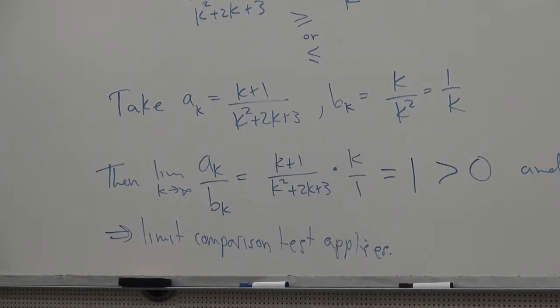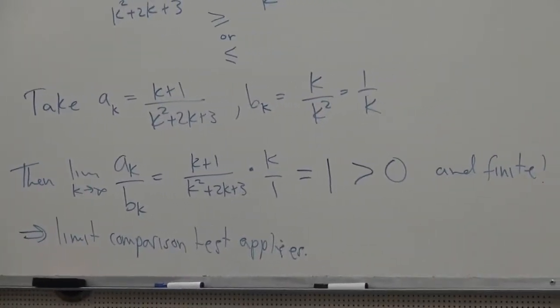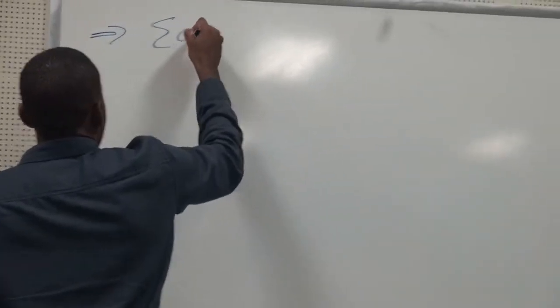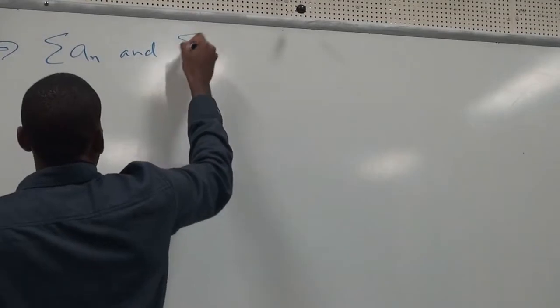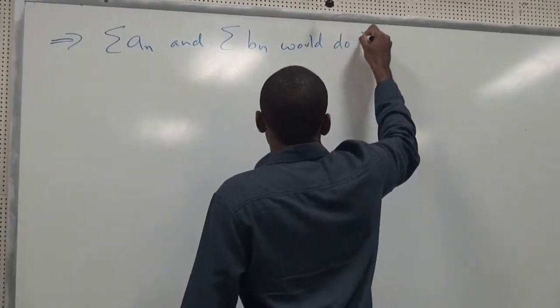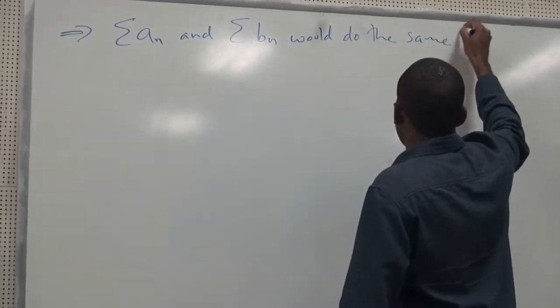So according to the limit comparison test, what can I say about my original series? This means AN and BN would do the same thing.